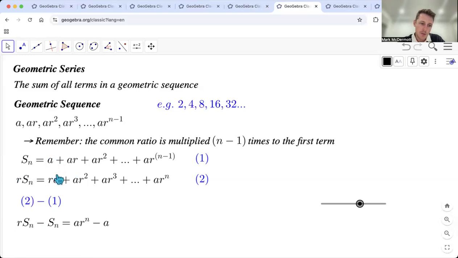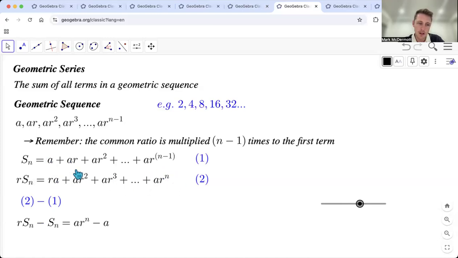If we line these up, I think you'll notice that certain terms are going to cancel out. Look at this. Let's start here. ar minus ar, that's going to go to 0. ar squared minus ar squared goes to 0. ar cubed minus the other ar cubed that would be here goes to 0. So in fact, the only thing we're going to be left with is ar to the n and a.